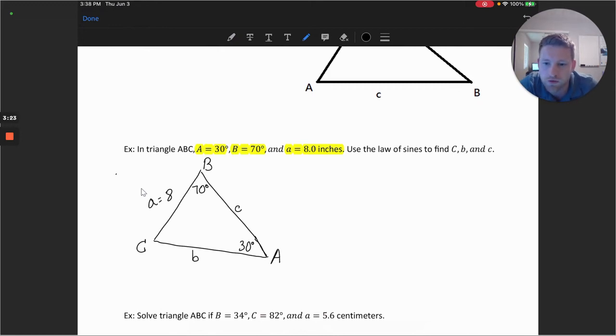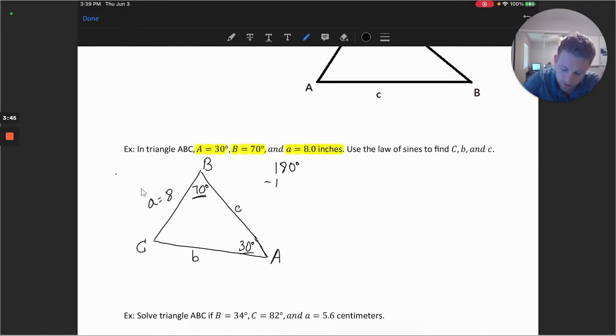We're going to start by looking at the angles. Since we have 2 known angles, we could solve for angle C by just the property of a triangle. We know all triangles add up to 180 degrees, and we have a 70-degree angle and a 30-degree angle, which adds up to 100.